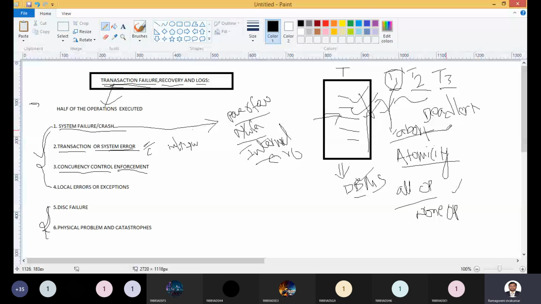To control the number of concurrent operations, one of the transactions is going to be aborted. So this is called concurrency control enforcement failure.